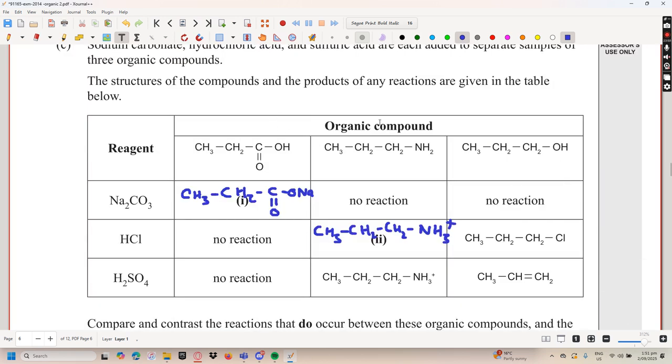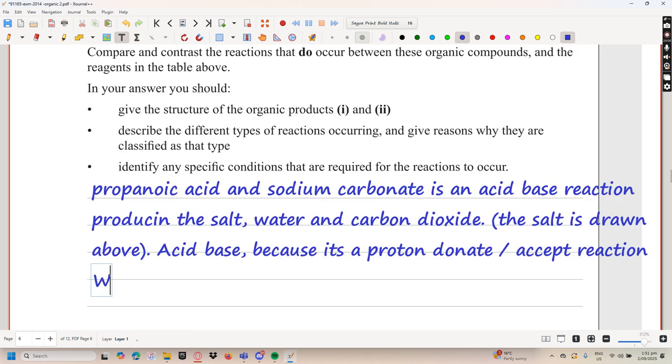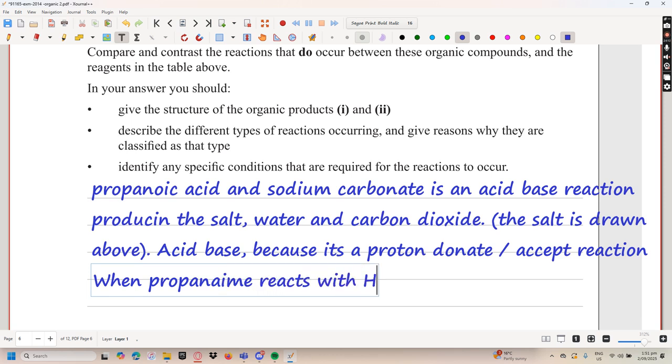When you get propionamine reacting with HCl or H2SO4, the same thing occurs.